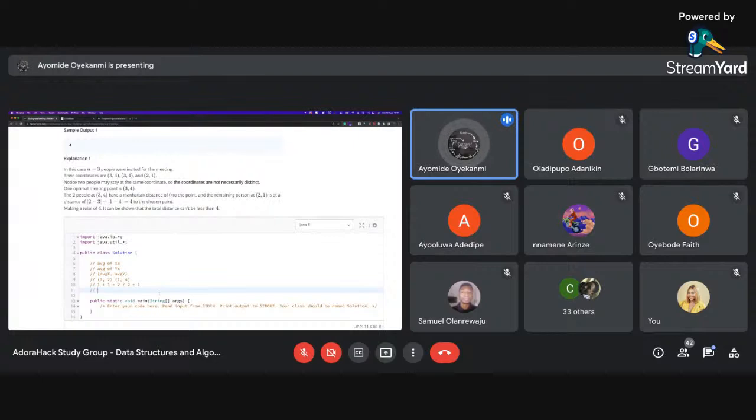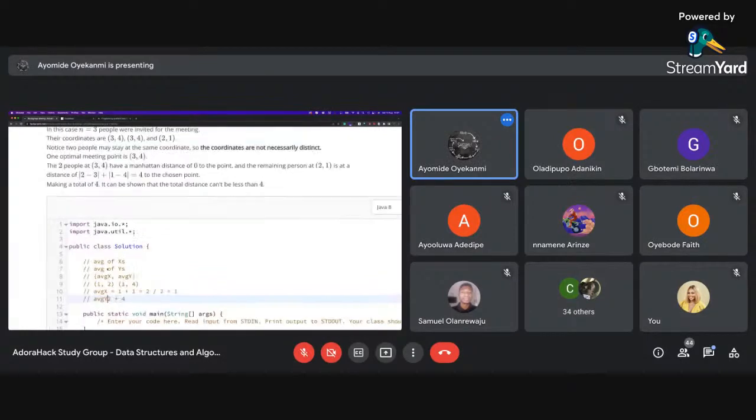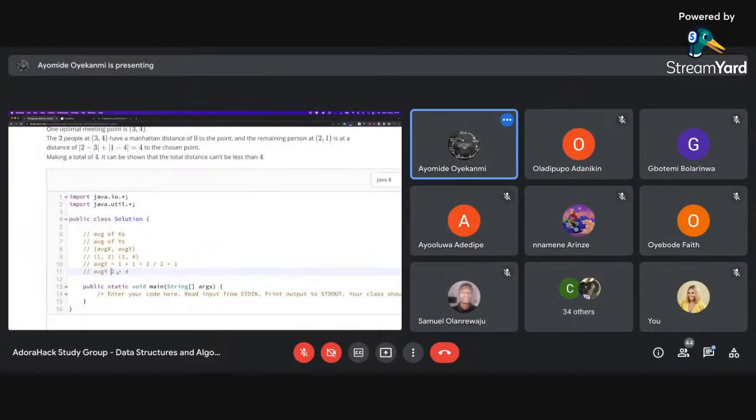Then we have 2 plus 4. This is the average x, and this is the average y. All right, 2 plus 4 is 6, 6 divided by 2 is 3.